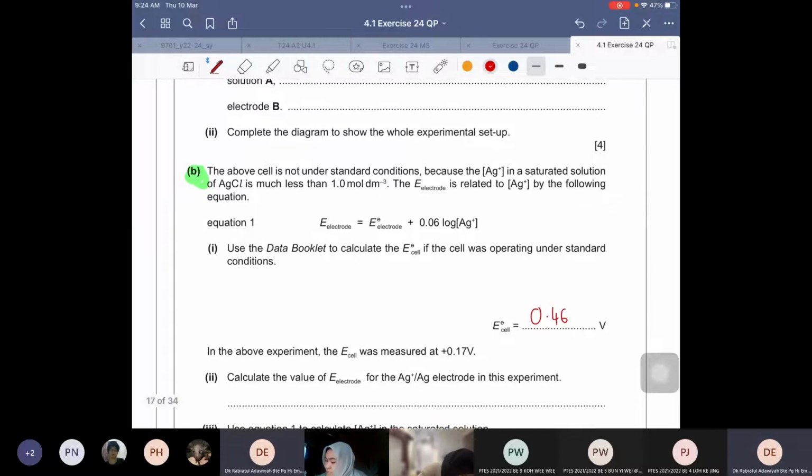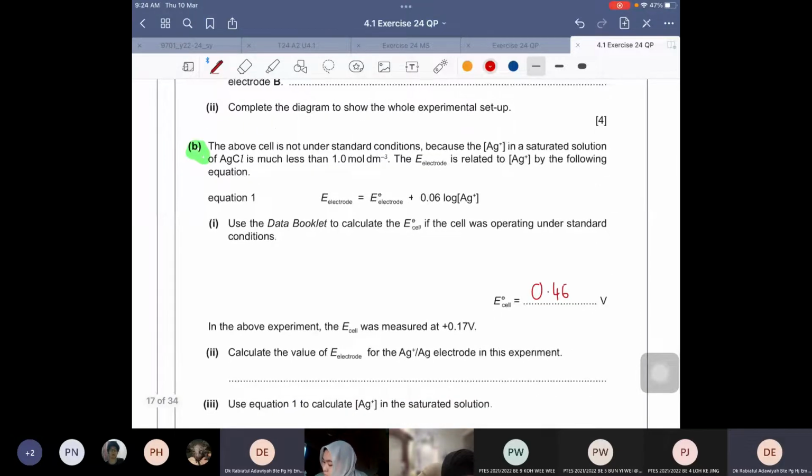Okay, in the above experiment, the E cell was measured at 0.174. So this is the E cell of standard condition, whereas this 0.17 is at non-standard condition. Okay.